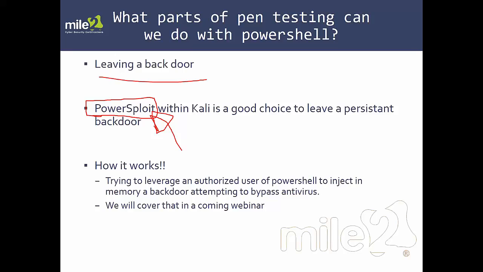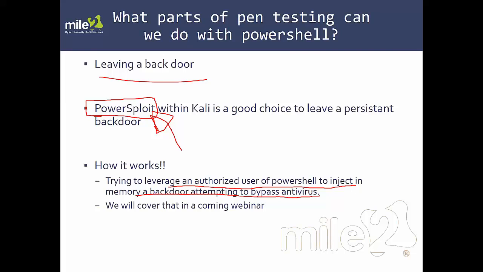We RDP to that system, and once on that system, we can set up a permanent or persistent backdoor via PowerShell. Now, what we're trying to do here is leverage an unauthorized use of PowerShell to inject a backdoor in memory, attempting to bypass antivirus.